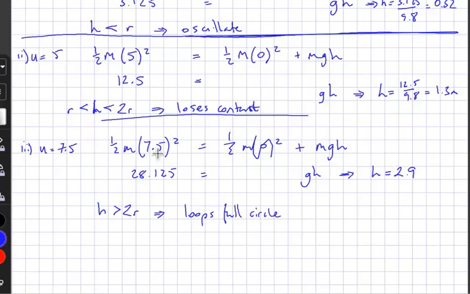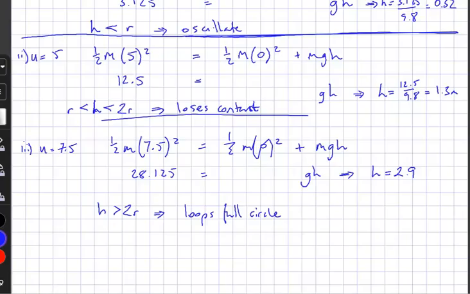Now, I appreciate that some people might feel as though, well, this is not possible, but the premise is, as I said to you right at the beginning, as long as it doesn't lose sufficient kinetic energy, as long as we can keep that tension going, that reaction from the circle.